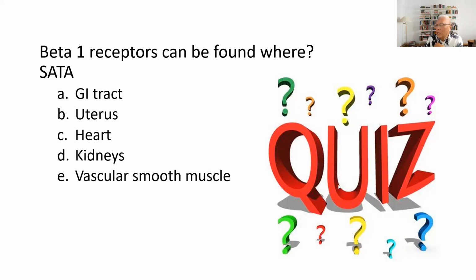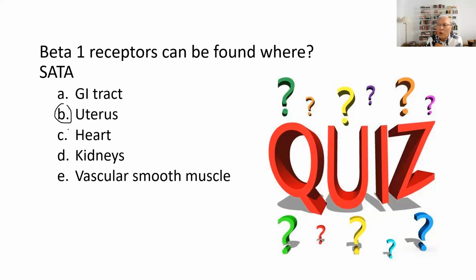Okay, so we did not talk much about the other areas that are responsive to beta-1. So I'm now going to tell you what the correct answers are. Well, it's also found in the uterus, and that's why you might be hearing that sometimes it is used in obstetrics.